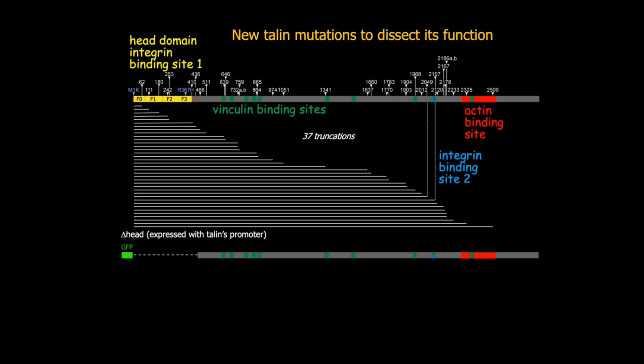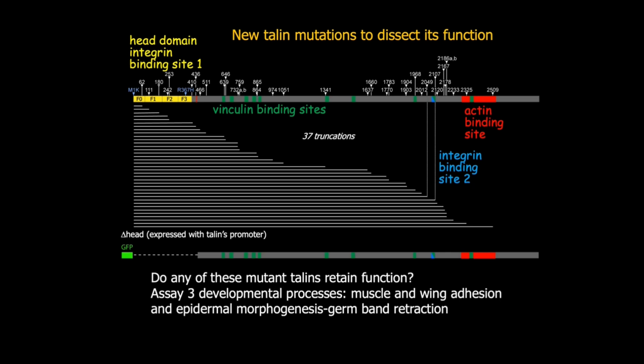So we did a genetic screen and isolated a number of mutations across the whole talin molecule. So here's again this head. It has its integrin binding site 1 here, integrin binding site 2 is there, the actin binding site, the C terminus. And we isolated a whole series of truncations, and we also generated one more directed, which deletes this head domain.